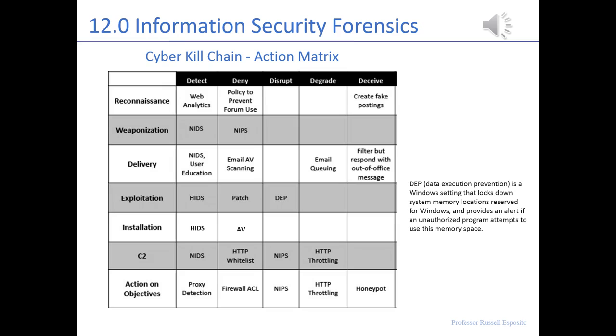Firewall access control lists can possibly help. A firewall ACL. Next one is NIPS, Network Intrusion Prevention System. And again, HTTP throttling. If all else fails, maybe slow down the exfiltration of your data. Tar pit it is another term that's used sometimes to frustrate the hacker's success at that point.